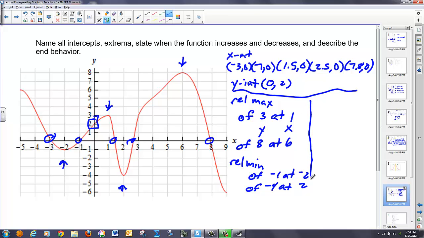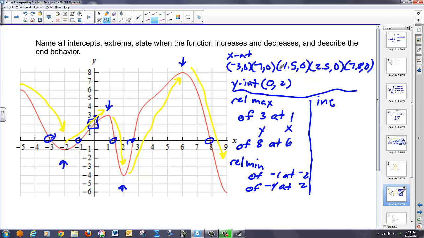Next, we're going to state where this increases and decreases. So let's go increasing first. Where does this rise as I go from left to right? Well, it appears to rise in this area and this area here. And then it falls in this area here, this area here, and this area here.